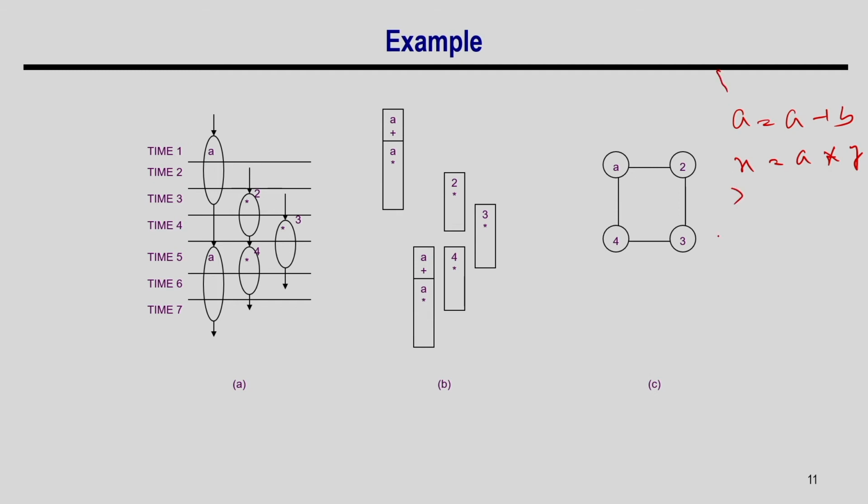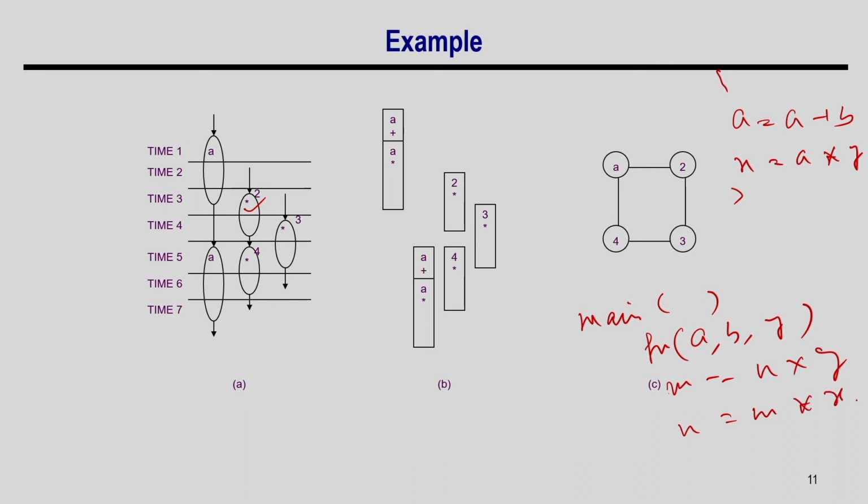Suppose your main code looks like this. You have a function which you are calling with a, b and y, and then you are doing some independent operation, say m equal to n plus q, and then n equal to m star x. The third operation is w equal to u star v.